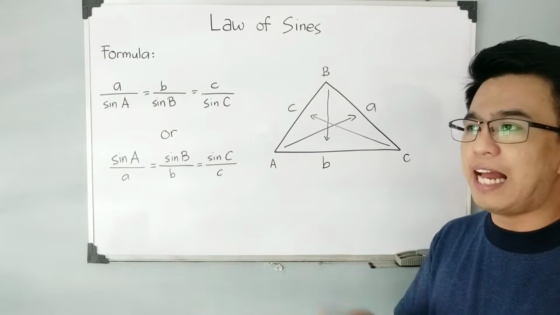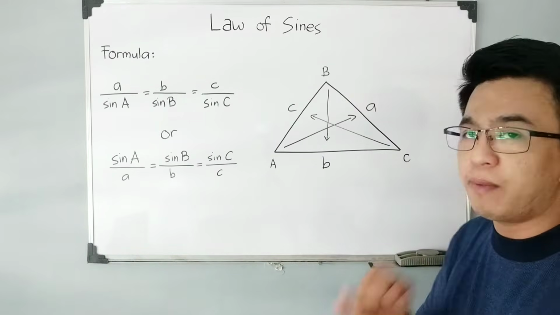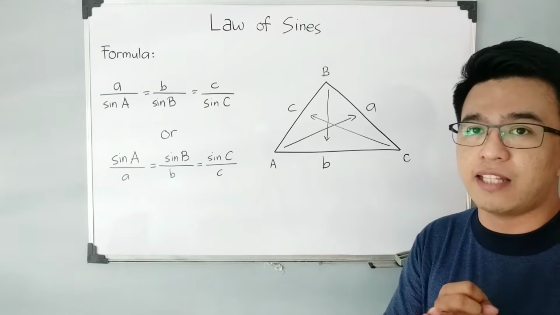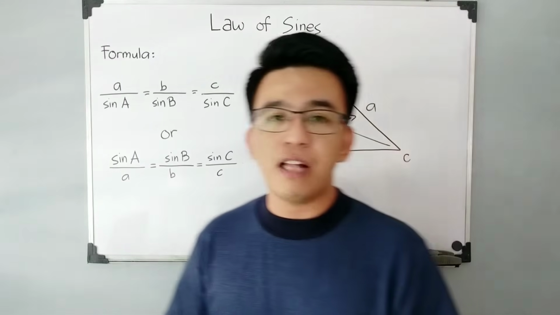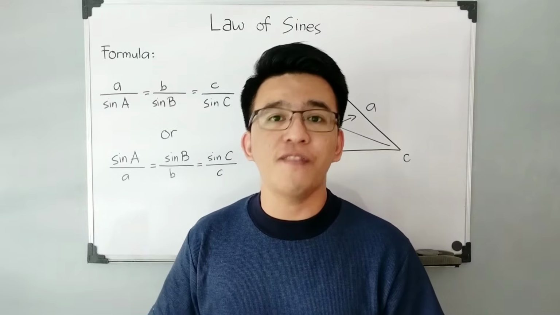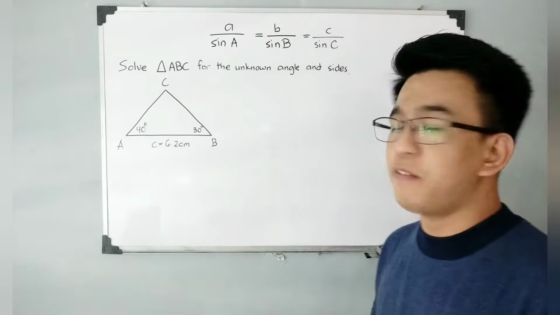So these are the things to remember when it comes to the law of sines. You know the formula and you know how to locate the different parts, like the three angles and the three sides. In the next part of our video, I'll be giving you two more examples for us to solve using the law of sines. Now, let's have the first example in using the law of sines.